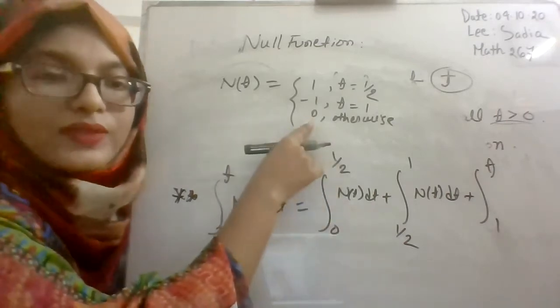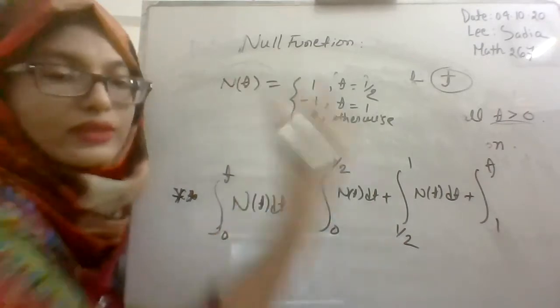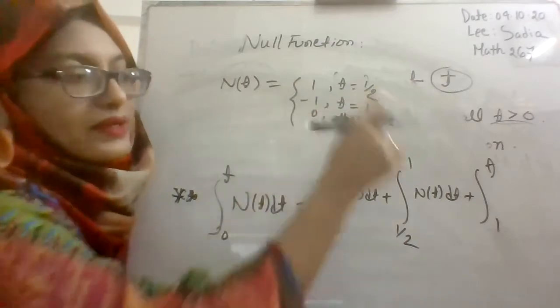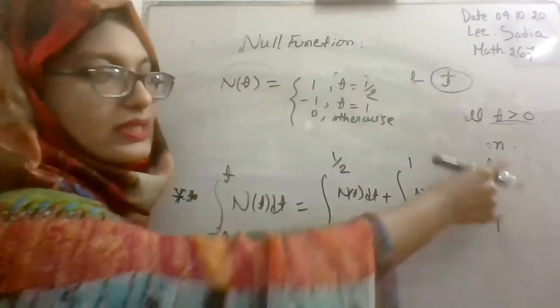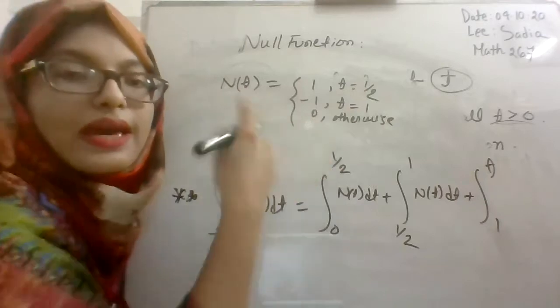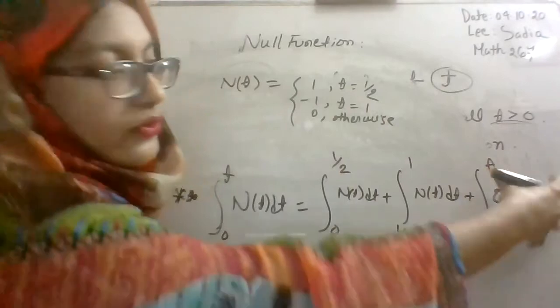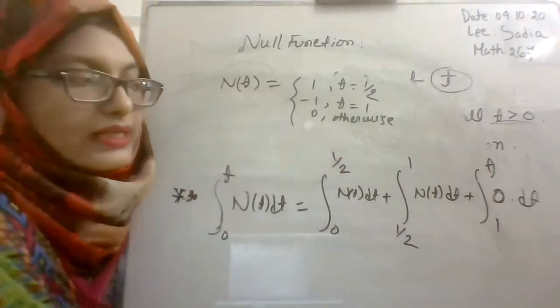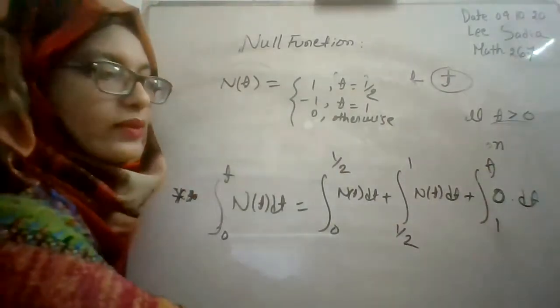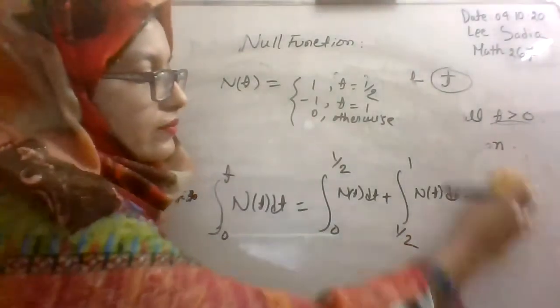For otherwise values of t except half and 1, n of t is 0. So for the range 1 to t, it will be 0 into dt, and this will produce 0, right? Integration of 0 with respect to any interval will be 0. So this term will be 0.